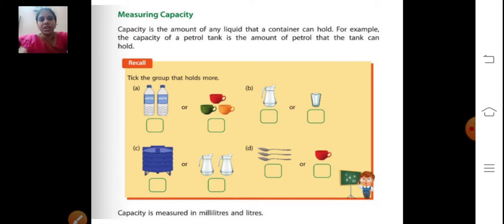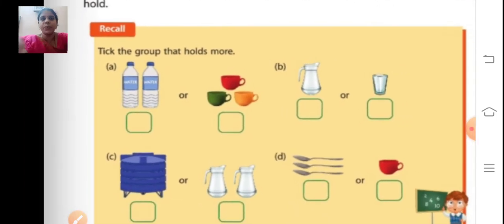Now let's see what is really called capacity. Tick the group that holds more. Just see the pictures. Which one can hold more liquid? This is not a solid item, it is a liquid item.